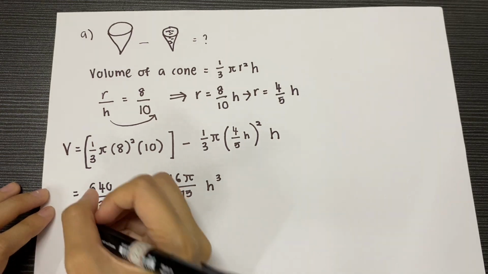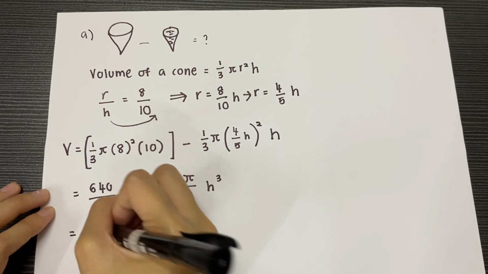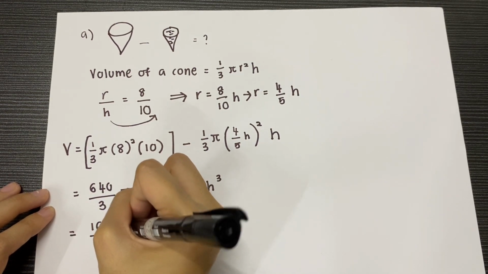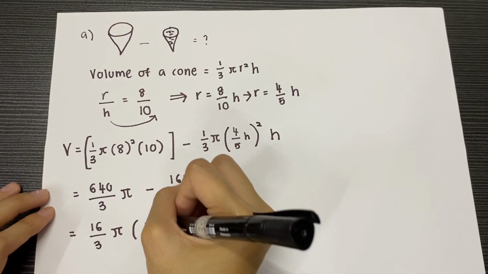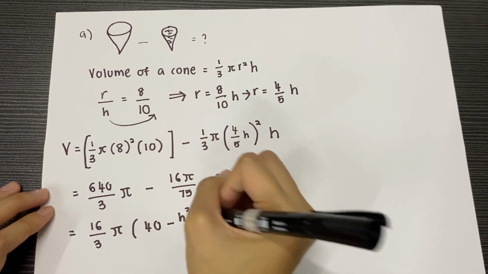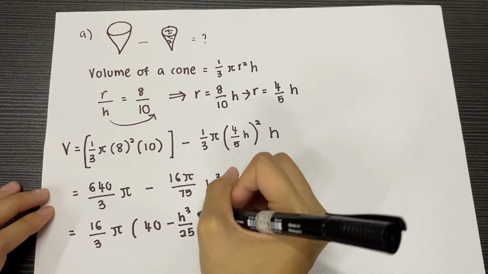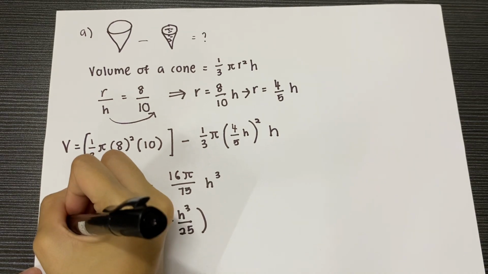And then you can simplify it. We get 16 over 3 pi, and we have 40 minus h cubed over 25. This is our answer for A.